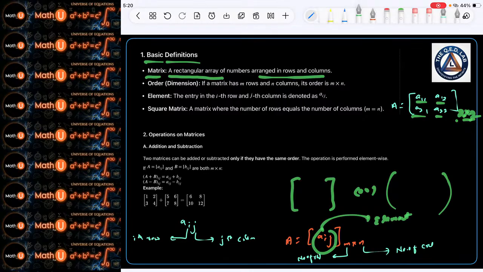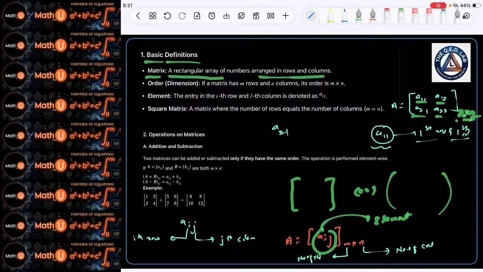Here a11 indicates that this element is present in the first row and first column.